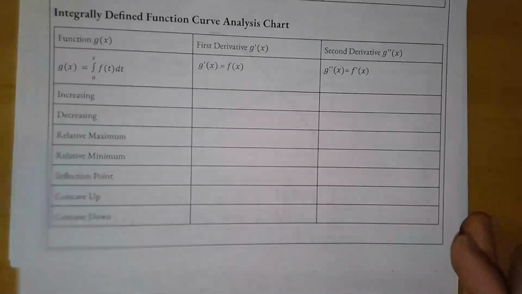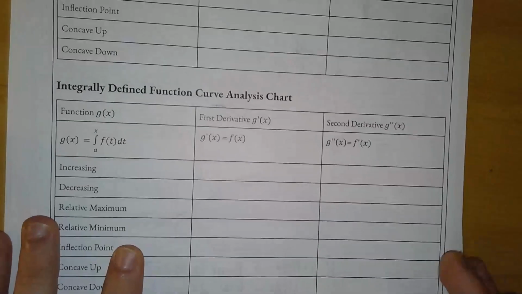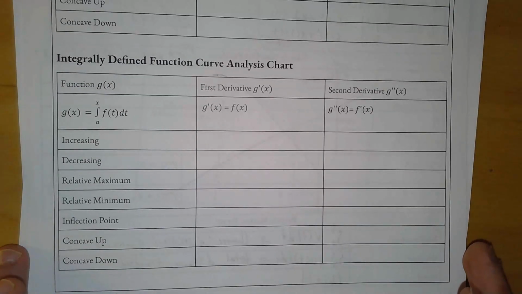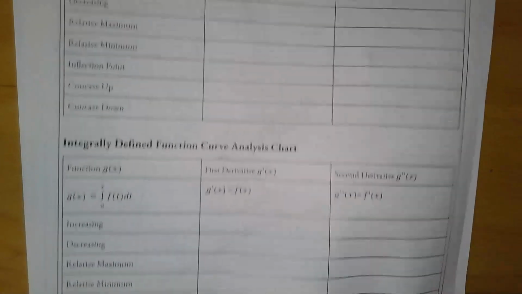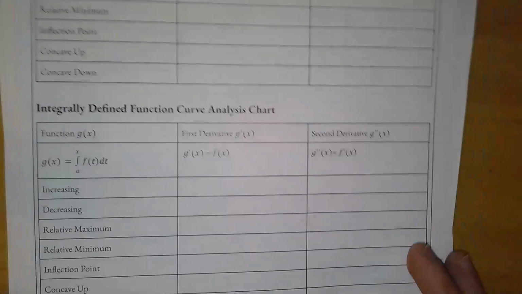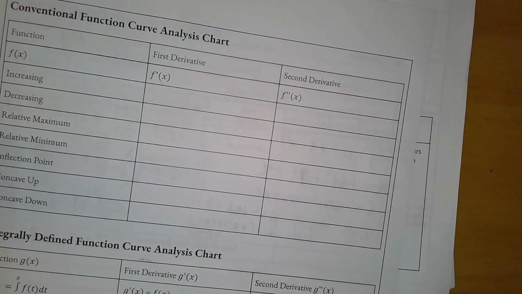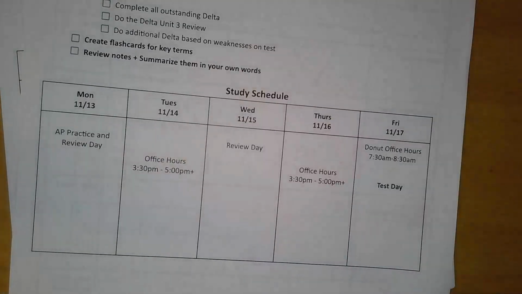So on the back here we had the curve analysis charts. Curve analysis charts are the same. They're both the same thing, top and bottom. Rather than doing this one, I'm going to do the last one, right here.